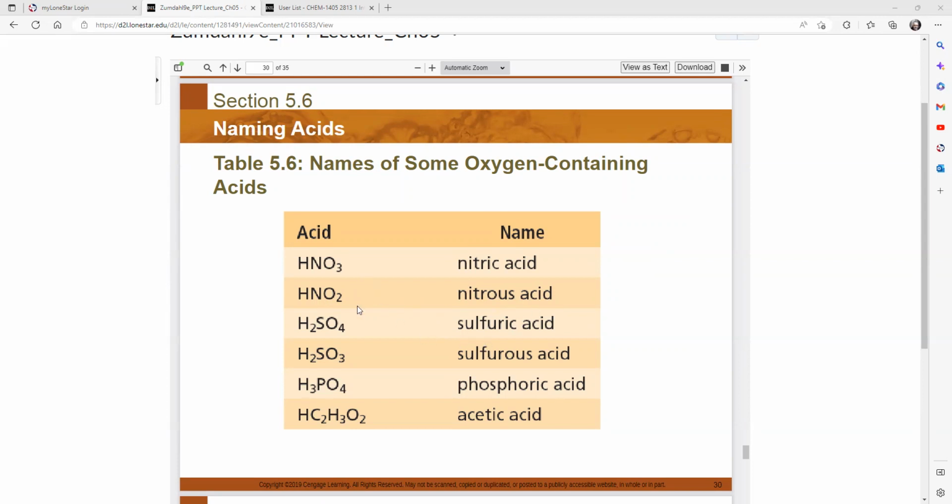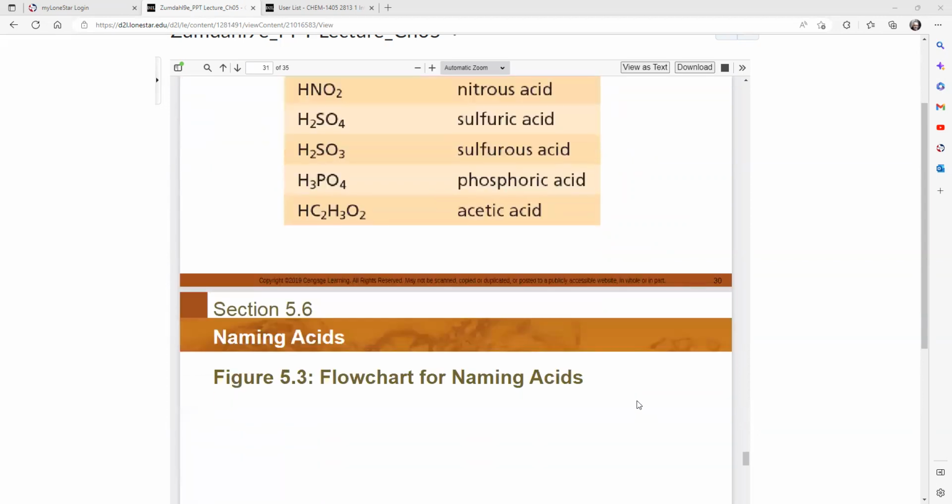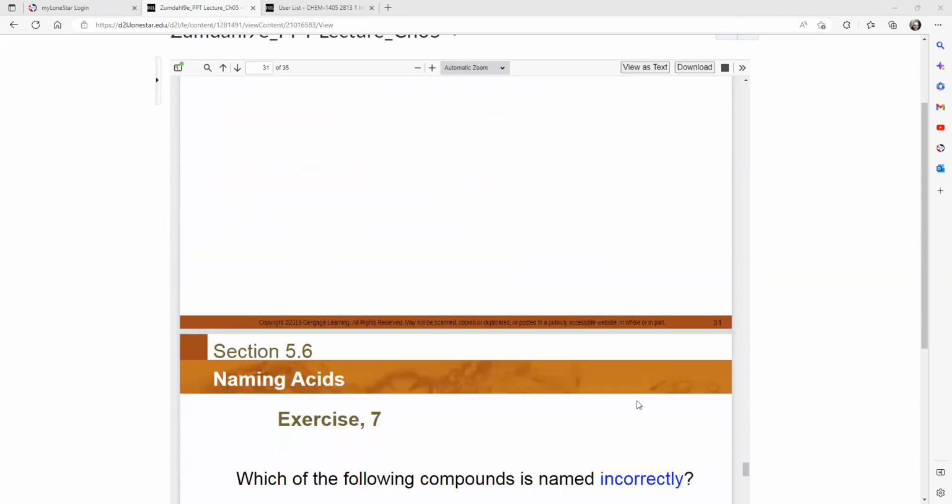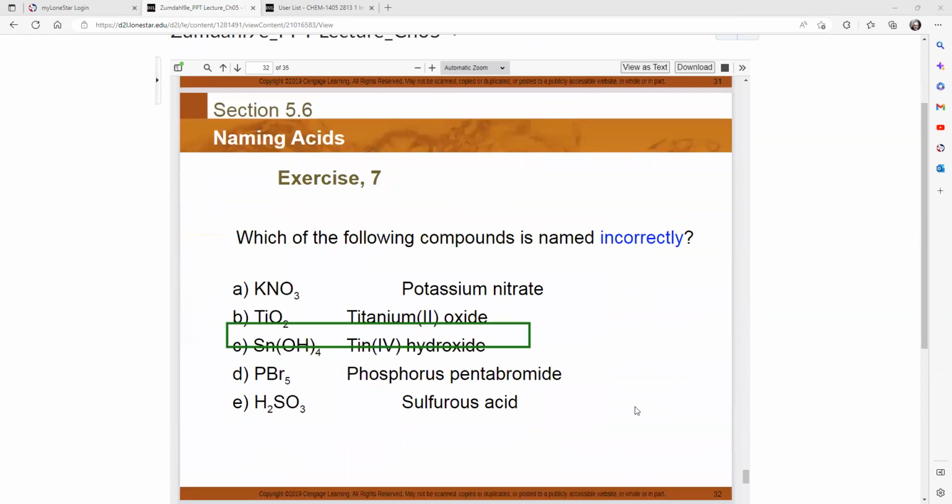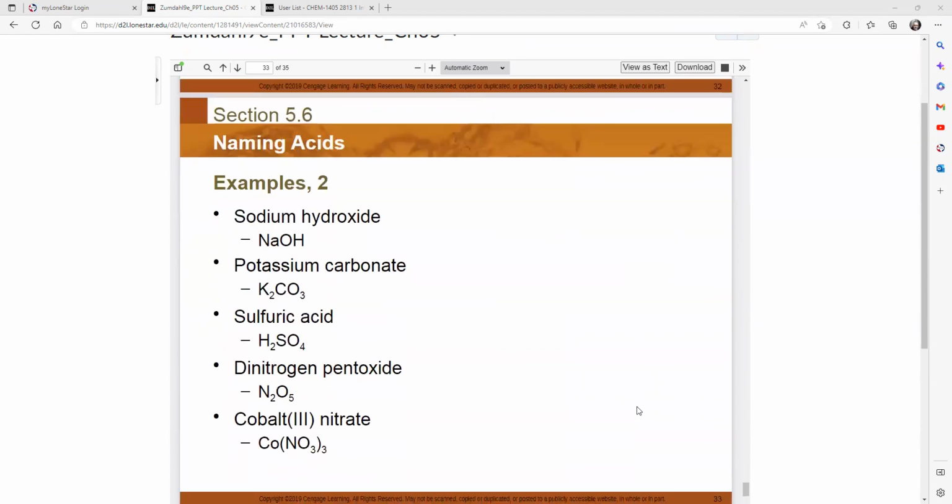It will be the same for the following examples. Stop the video. You can print this in order to have an idea when you are going to do exercises of nomenclature. Okay, here we have another exercise. And here you have examples of how to name acids.